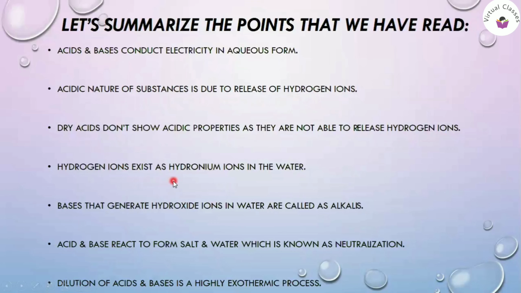Hydrogen ions exist as hydronium ions in water. Bases that generate hydroxide ions in water are called alkalis. Acid and base react to form salt and water, which is known as neutralization. Dilution of acids and bases is a highly exothermic process.